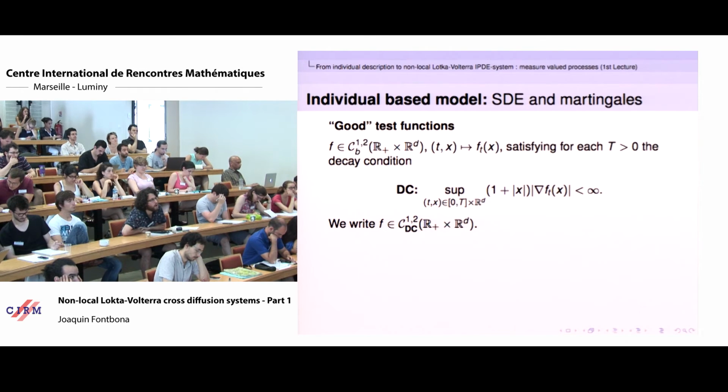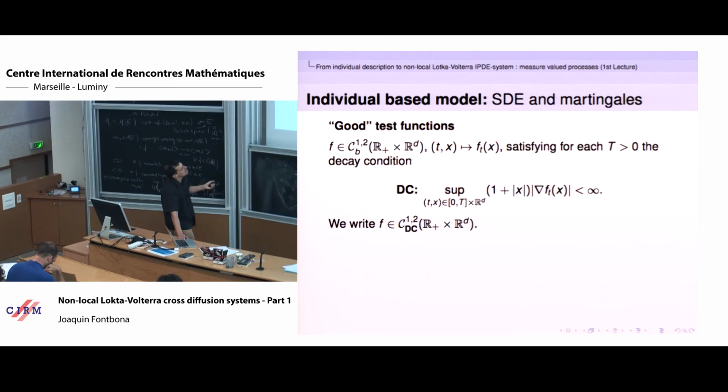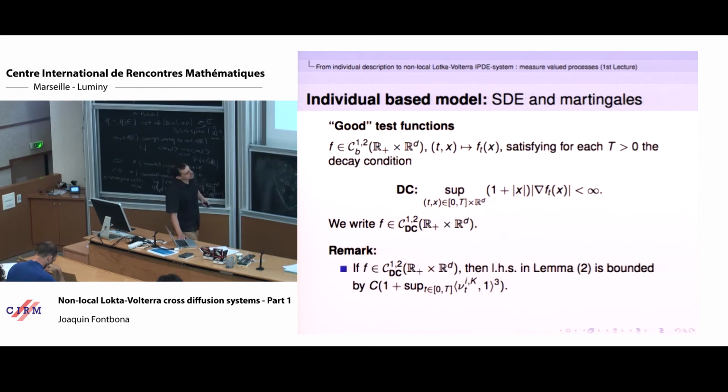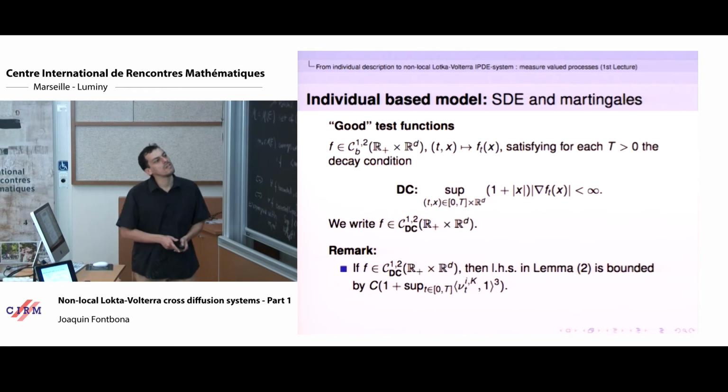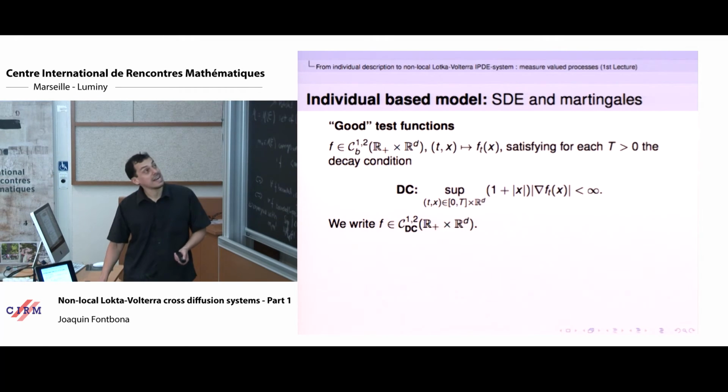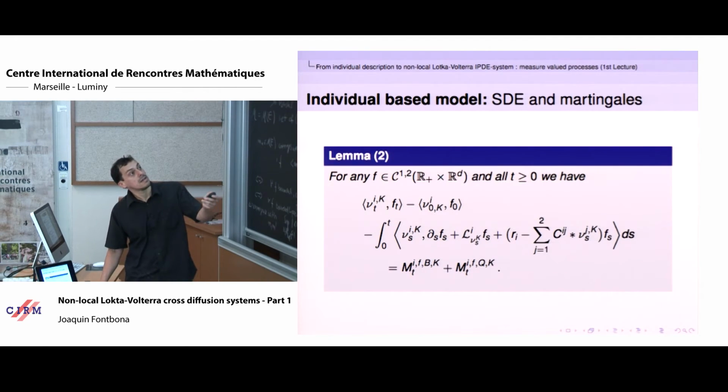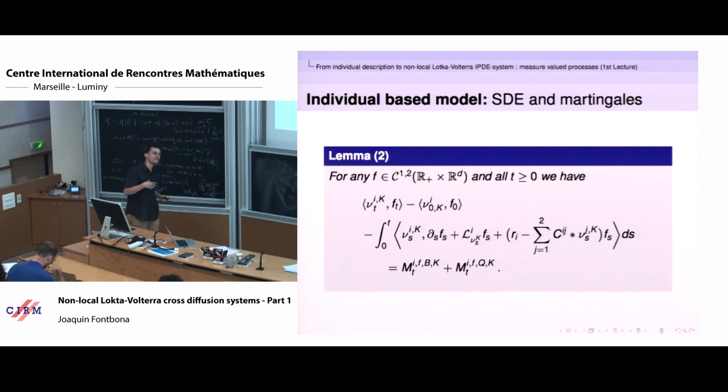Okay, and so this is true for functions of class C1 in time and C2 in space, and for some functions with a specific, controlled growth of the derivatives, I have some nice properties which are used later for our results. First of all, my left-hand side here is bounded by the third moment of the total mass. Where does this 3 come from?